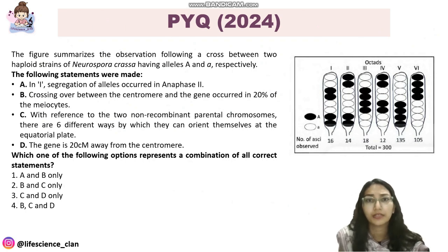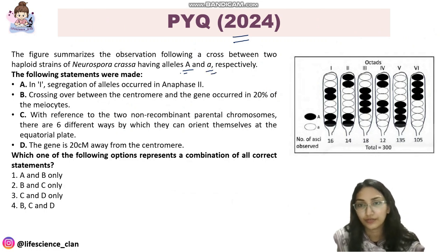This question came recently in 2024, that is this year. It says the figure summarizes the observation following a cross between 2 haploid strains of Neurospora crassa having alleles capital A and small a respectively. So they have given us a diagram which is very easy because they have explained everything in the diagram.